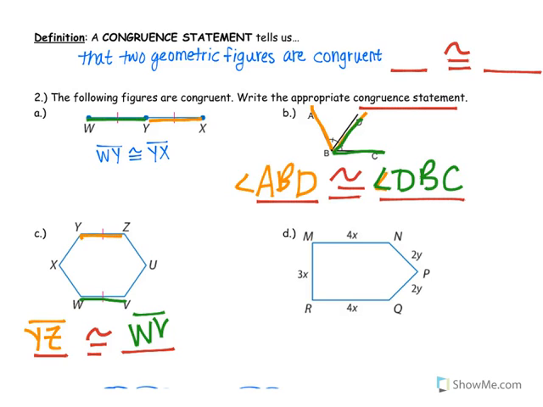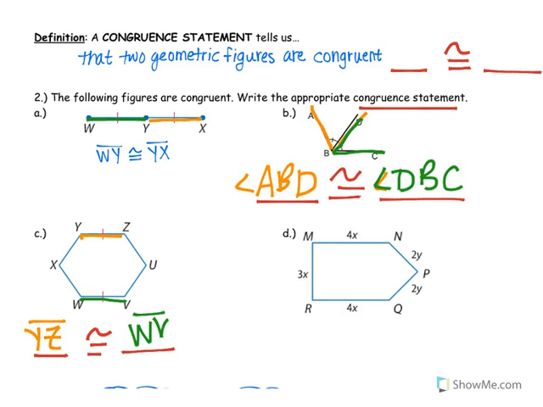Okay? Now let's look at letter D. It has 1, 2, 3, 4, 5 sides. That's a pentagon, and I don't see any tick marks, but what I do see is little labels of the side lengths. And now they're not pure numbers, they are expressions, right? But we can still figure out what's equal.